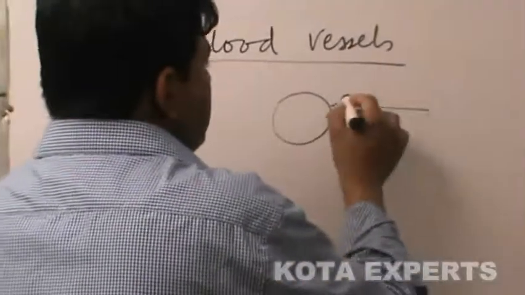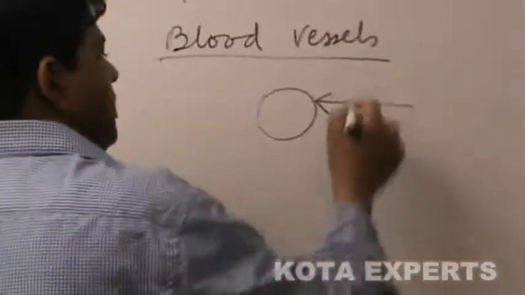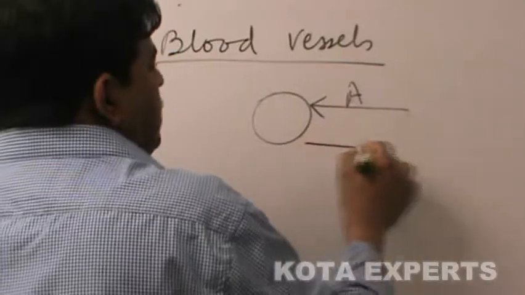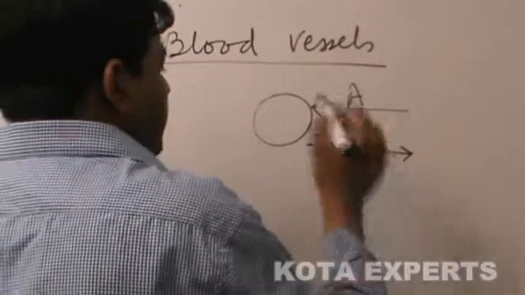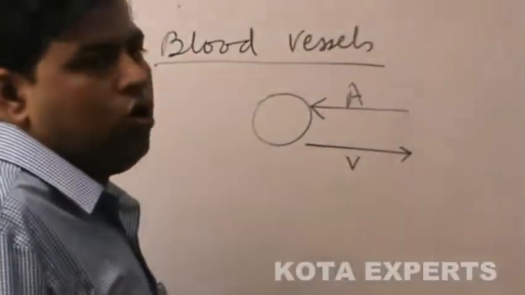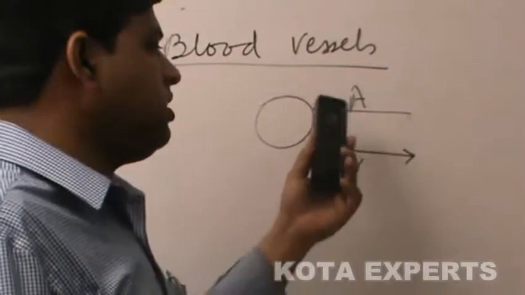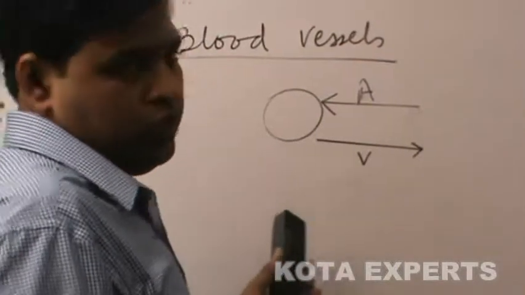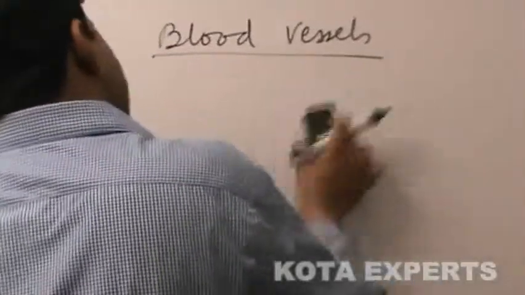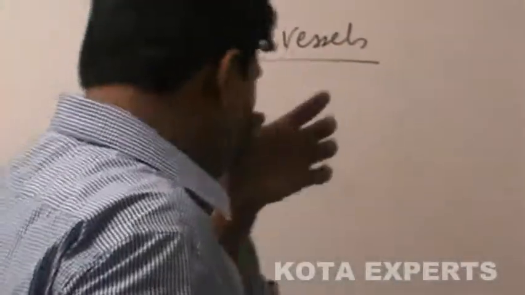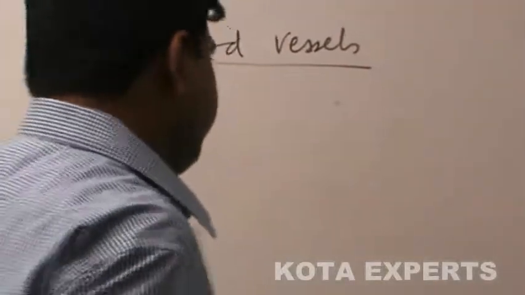The vessels which transport blood towards the organ are arteries, and which transport blood away from the organ are known as veins. This holds for any organ except the heart. In the case of the heart, this criterion will be opposite. So the criterion of deoxygenated and oxygenated blood is not perfect for arteries and veins.